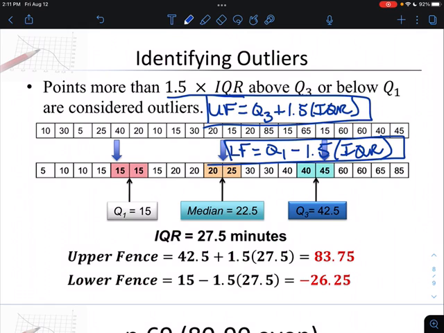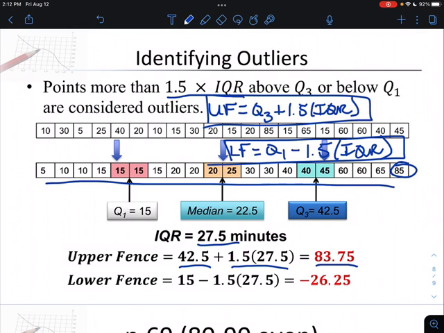So if we look at the example that we just got done talking about, we said our IQR was 27.5 minutes. If I take quartile 3 plus 1.5 times that IQR, we get an upper limit of 83.75. So anything above 83.75 is considered an outlier. And if we look at our data set, here we have everything in order, we notice that 85 is outside of that range.